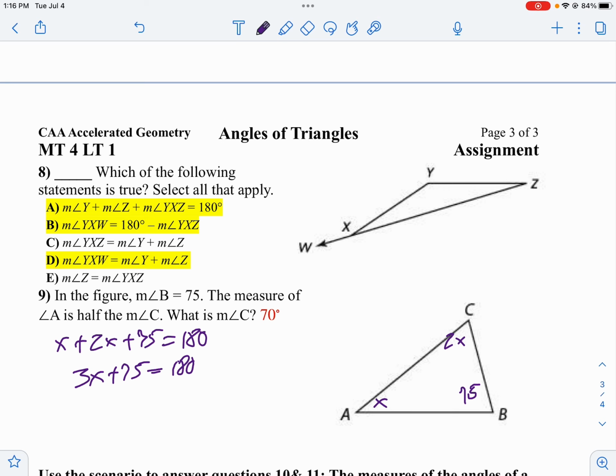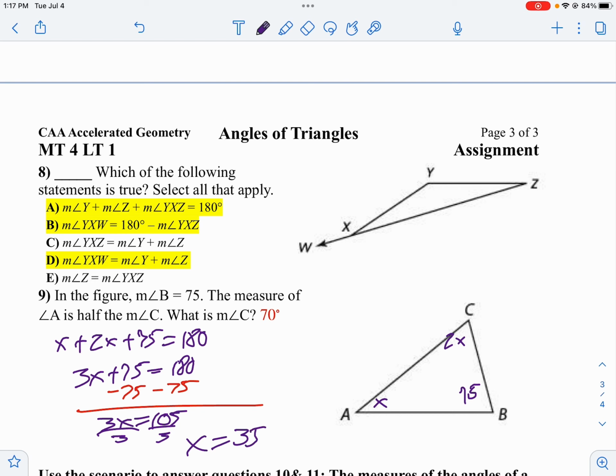So I'll subtract 75 from both sides, and I'll get 3x equals 105. Well, if you divide by 3, x then would be 3 goes into 10 3 times, and so that would be 35, won't it?